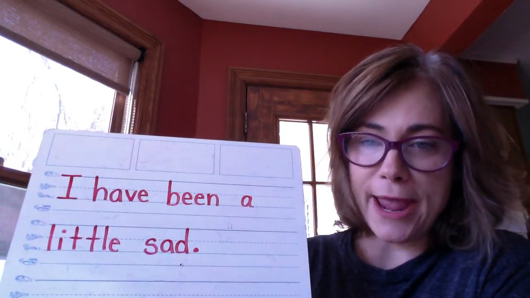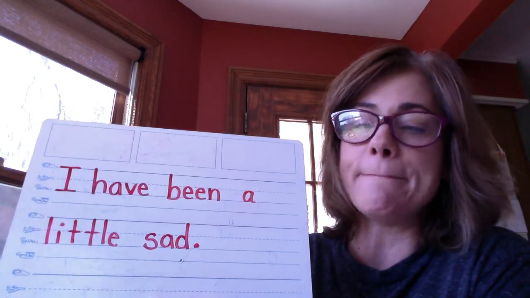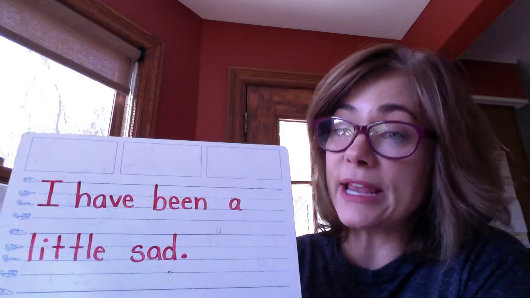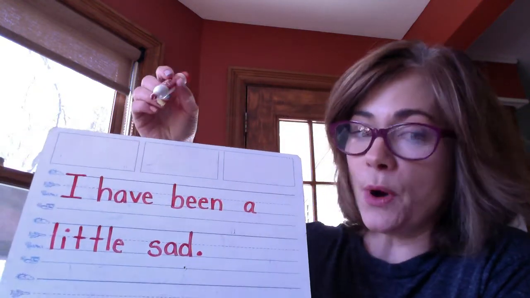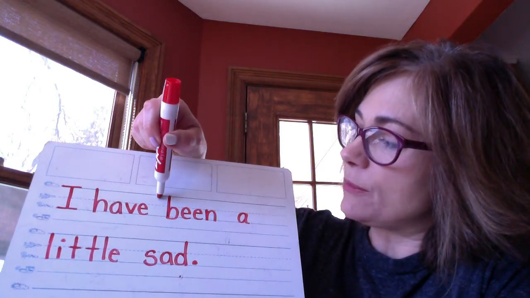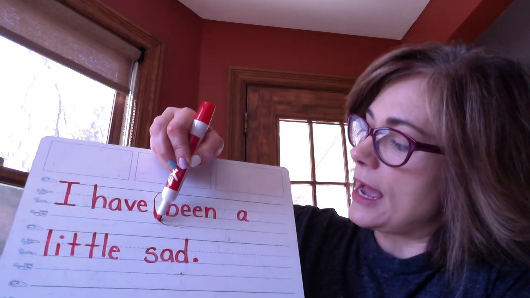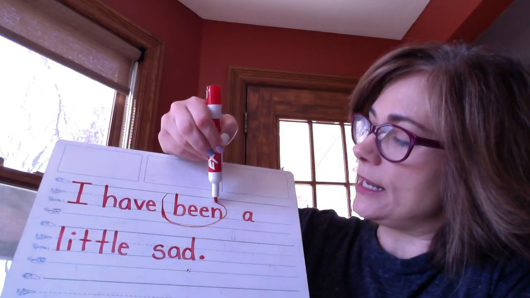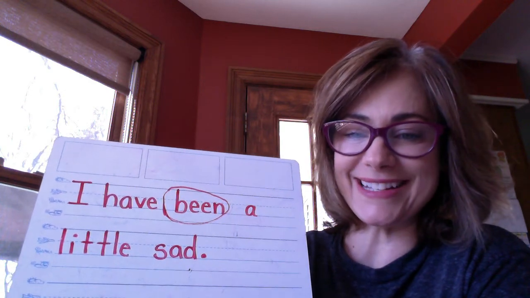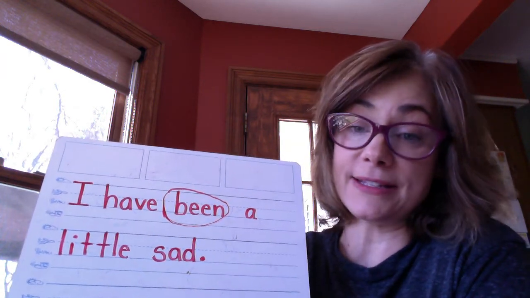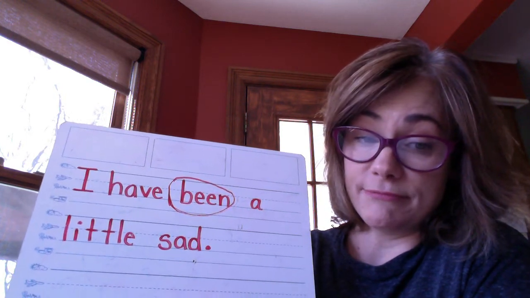Okay. So, our first trick word that I see there is the word been. We have a friend Ben in class, but that Ben is only spelled with one E. The word been that we write in our sentences has how many E's? Two. Good. So that's a trick word because it's a short E sound instead of a long E sound.